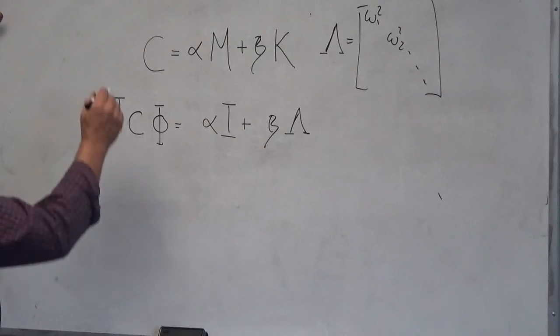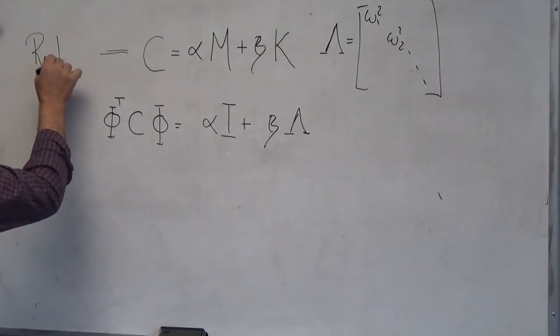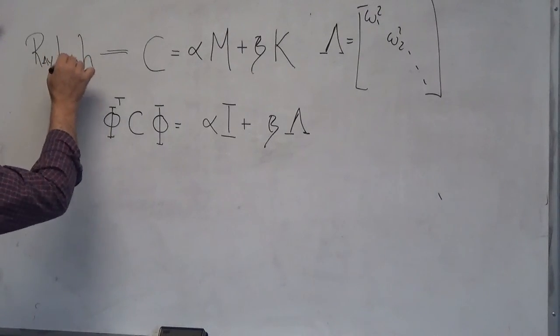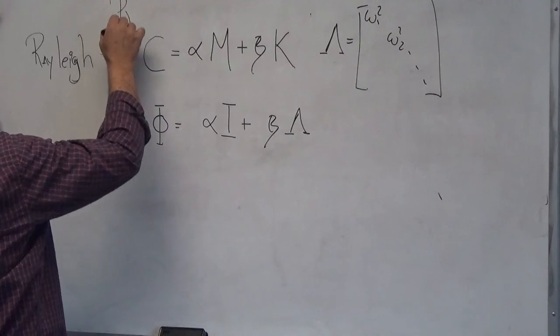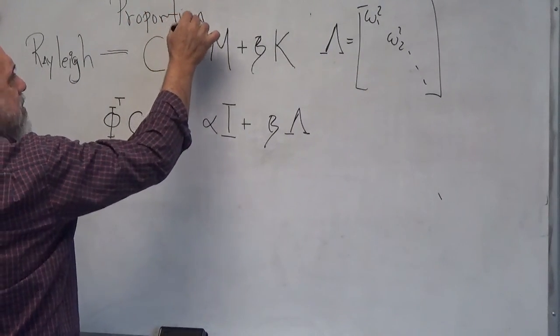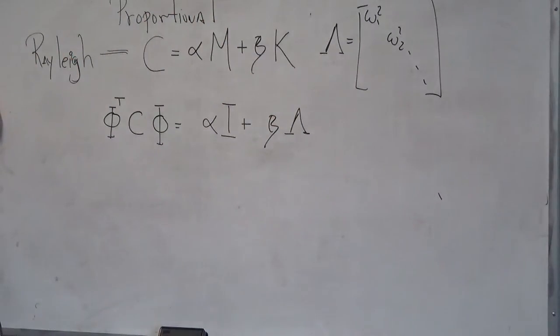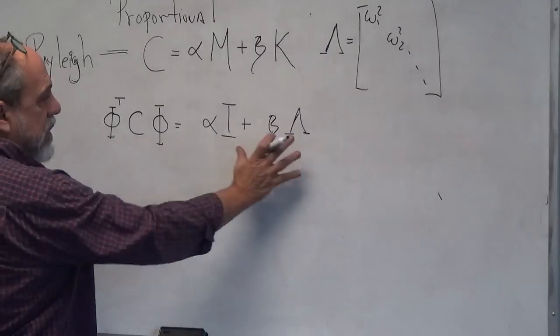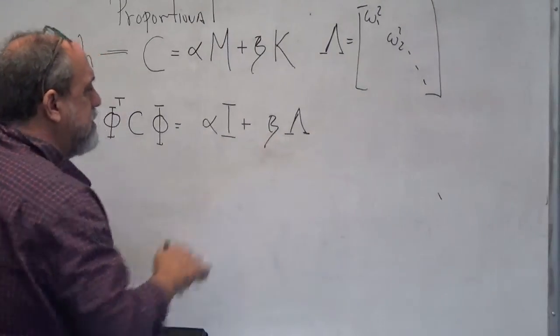This is called Rayleigh damping, or sometimes proportional damping. Of course, Rayleigh damping or proportional damping is just a special form of classical damping, because the matrix decomposes. Now the question is how to get alpha and beta.